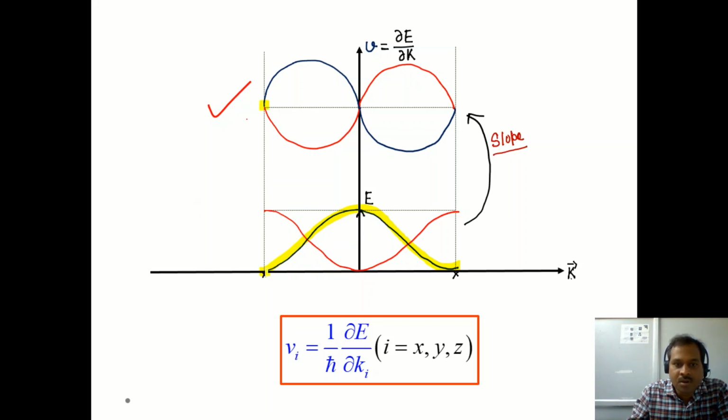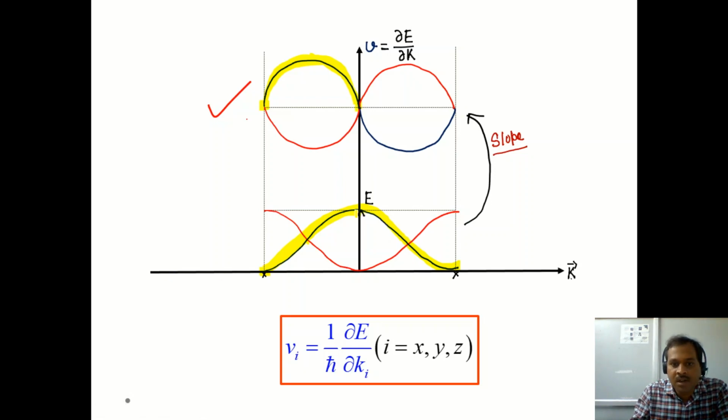Slope is 0, then slope is positive and gradually it is increasing, and at this point the slope is maximum. Now after that the slope is decreasing, but still it is positive, and at this point it is flat. So again it is 0. So this is the portion which is represented as the slope here.